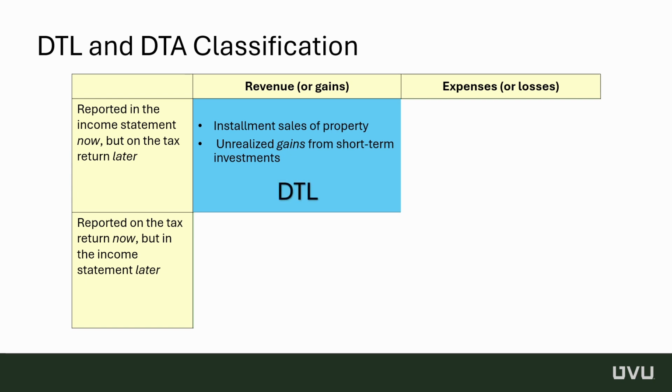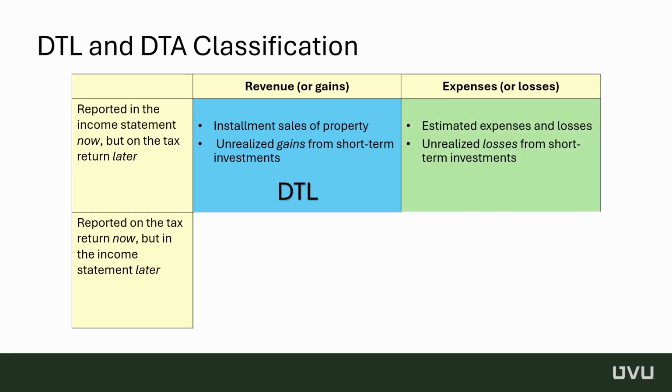Moving to the right, let's consider expenses that are on the income statement now, but will be deducted on the tax return later. This can involve unrealized losses from short-term investments, kind of the opposite of what we just talked about. But more importantly, estimated expenses come into play here. Picture something like bad debt expense, which we've emphasized from an accrual accounting perspective is important information to disclose to financial statement users, so they have timely information about credit losses.